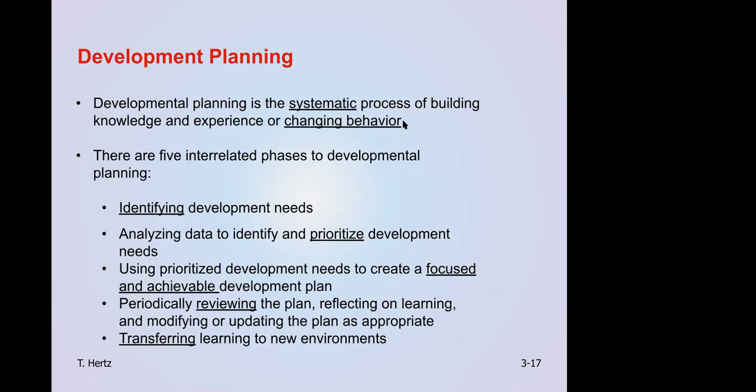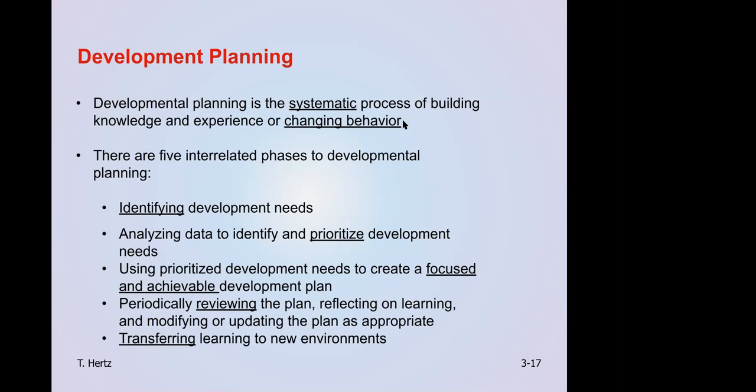And there are five interrelated phases to the development planning process, starting with identifying the needs, analyzing data to identify and prioritizing those needs, then creating a very focused, a very systematic, achievable plan, and then periodically reviewing the plan, reflecting on learning and the plan's effectiveness, and then modifying and updating it as needed.